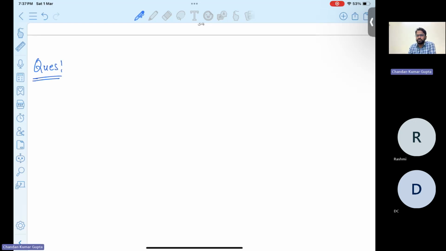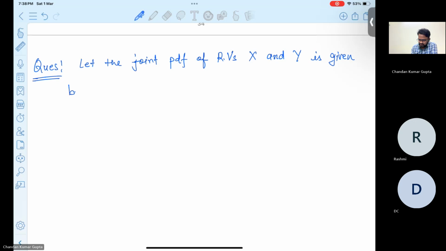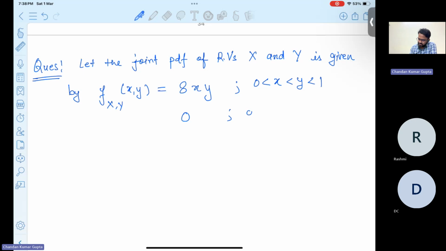The question is, let the joint PDF of random variables x and y be given by 8xy when 0 < x < y < 1, and 0 otherwise.